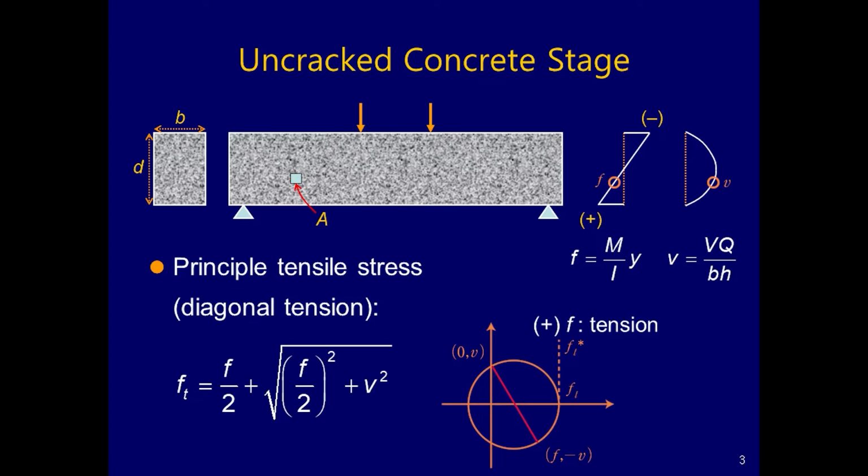At the bottom, with 0 shear stress, you will have a maximum F. Then that F is automatically equal to the principal tensile stress. You don't need to rotate any point. It's just located at the x-axis. So then the crack is vertical.